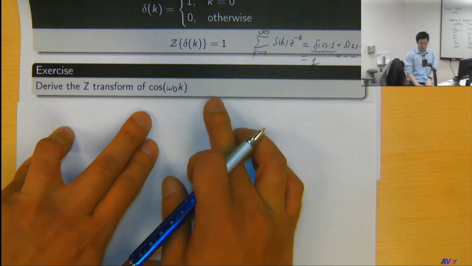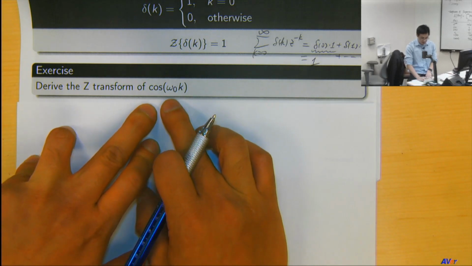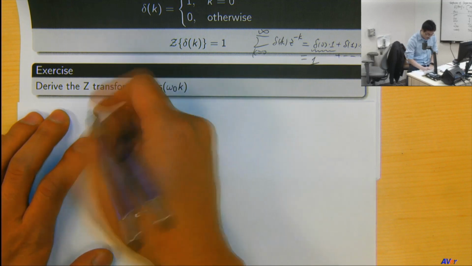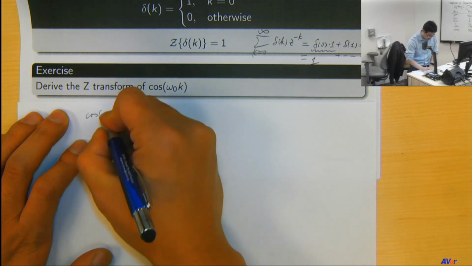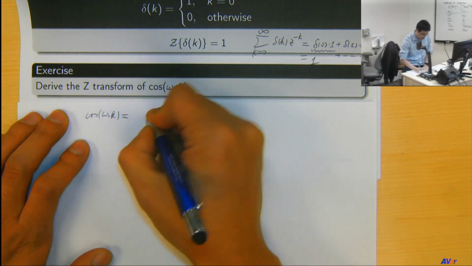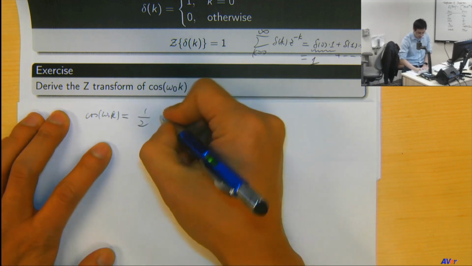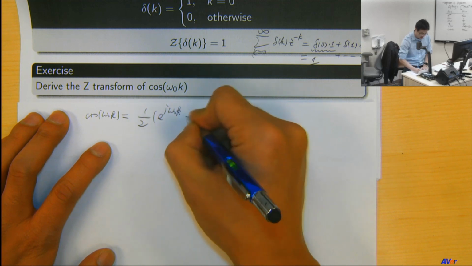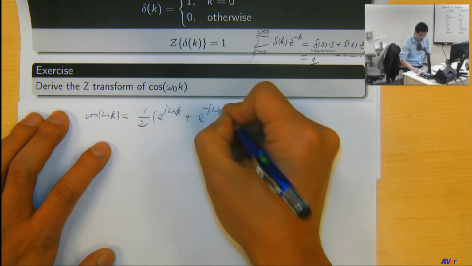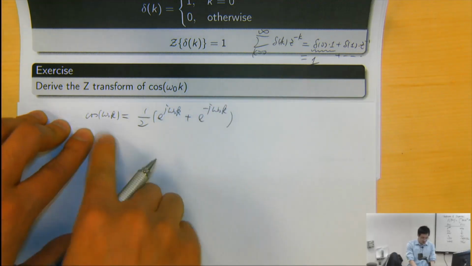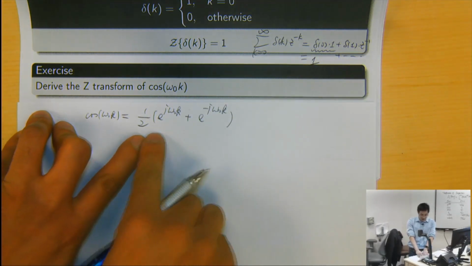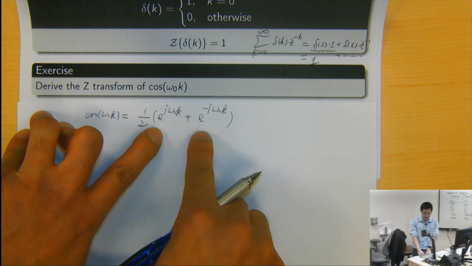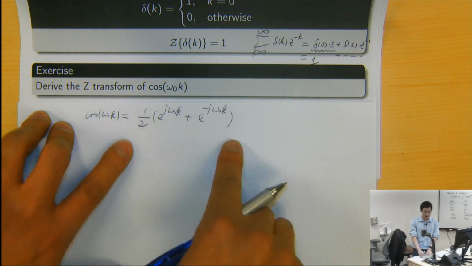We can use definitions for sure, and the way I want to go today is to use the Euler equation for cosine omega 0 k. Cosine is just exponential functions in alternative form. Cosine omega k is half of e to the power of j omega k plus e to the power of negative j omega k.